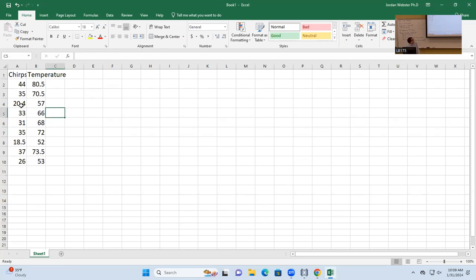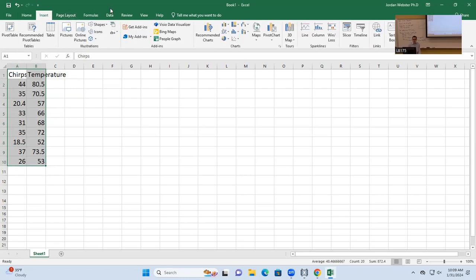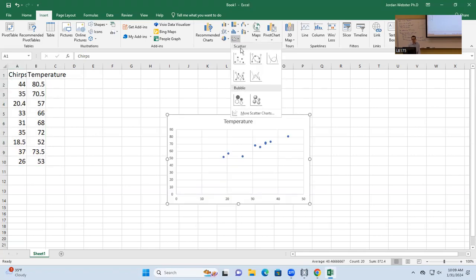So each one of these is giving us an ordered pair, like X comma Y. Each one of those is an ordered pair, and therefore it can be plotted as a point on a Cartesian coordinate plane on the XY axis grid. By the way, if you want to do that using Excel, you insert a chart, and it's called a scatter plot. Okay.